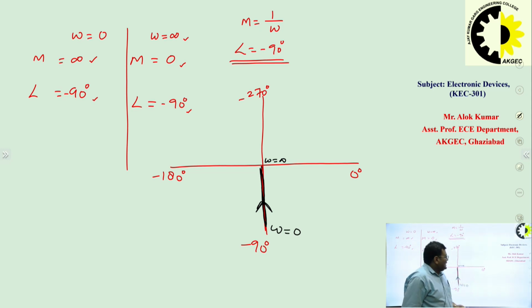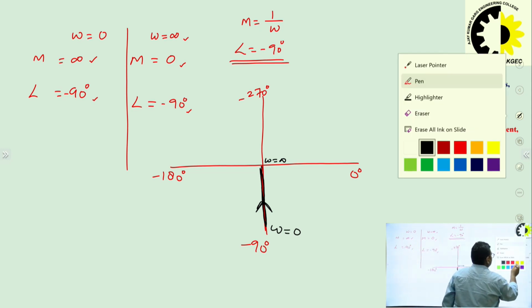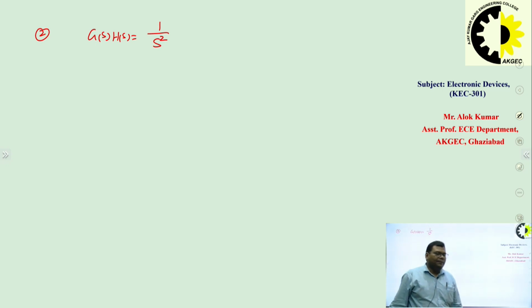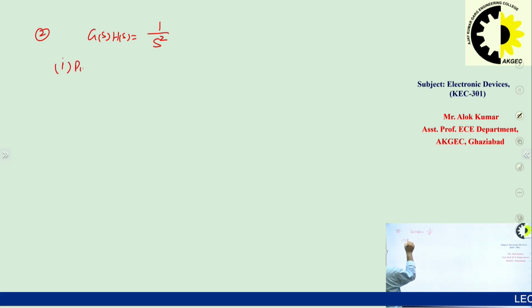Similarly, we will take another example. Example 2 is, if I take G(s)H(s) is equal to 1 upon s square. Now, we have two origin poles. In this case, the first step will be put s is equal to j omega.